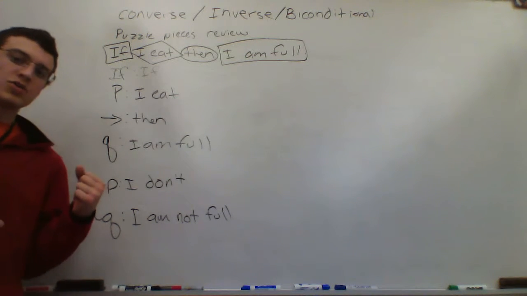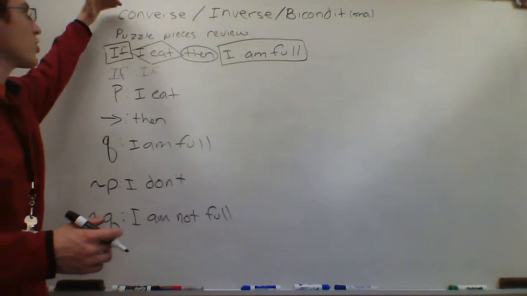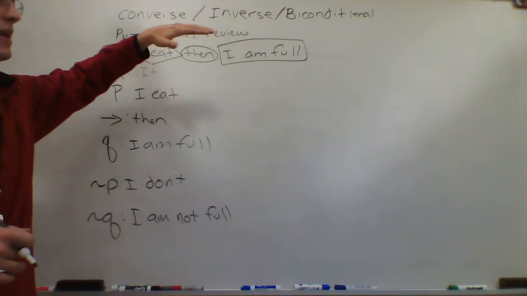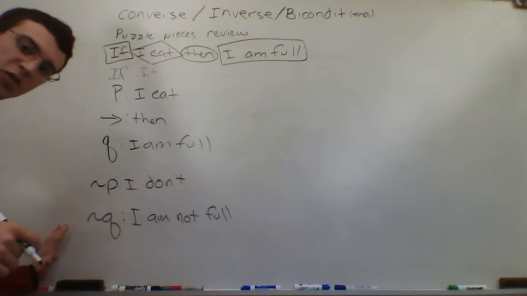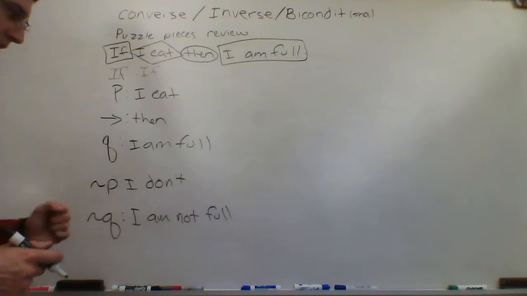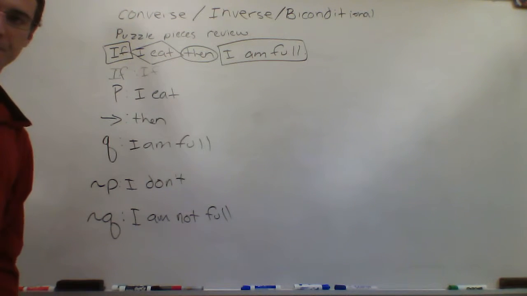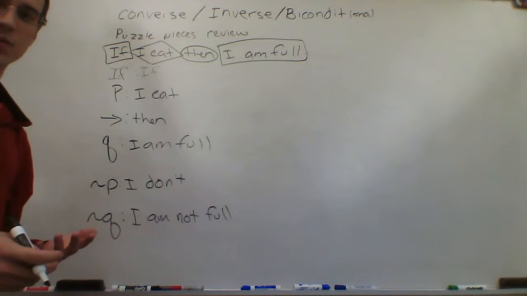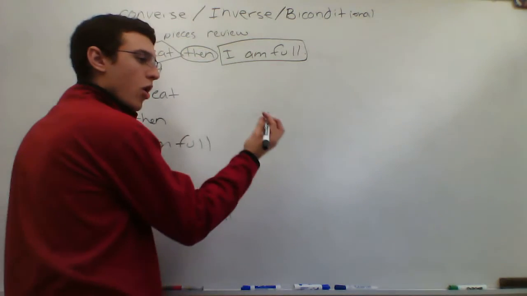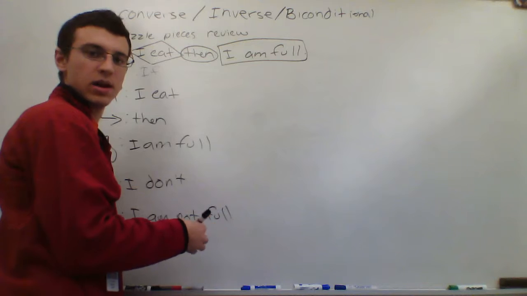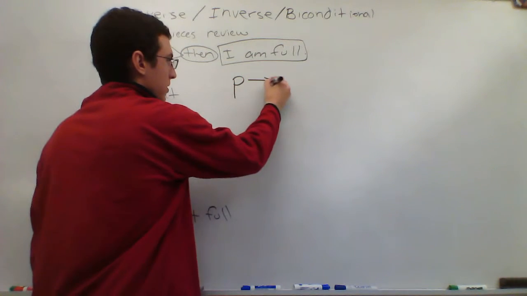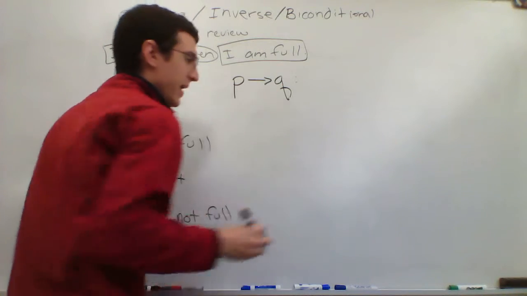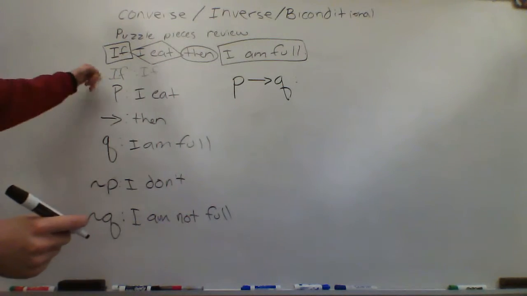So when you are trying to put together your converse statement, your inverse statement, and your biconditional statement, all you need is to look at these 6 pieces, pull out your puzzle pieces, and stick them in where they go. I'm going to show you how to do this right now. Our conditional statement, the thing we started with, is shorthanded like this: P to Q. Pick out our puzzle pieces. Always start with if.